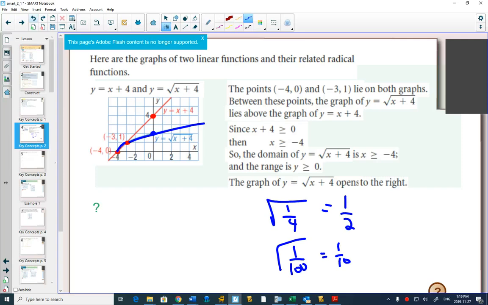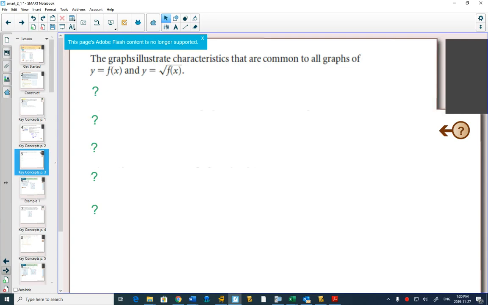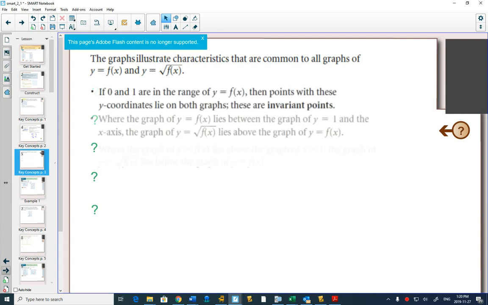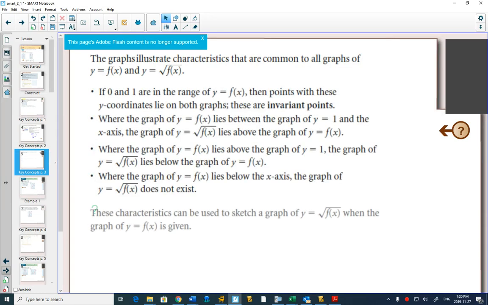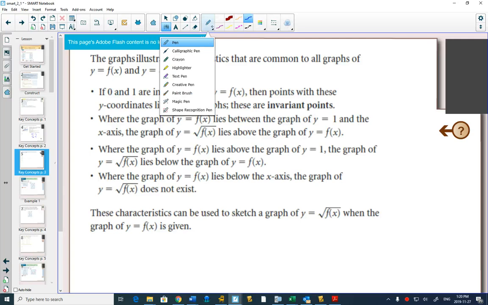And so if you turn to the next page and take out your highlighter or your textbook, highlight these key characteristics. Characteristic number 1.